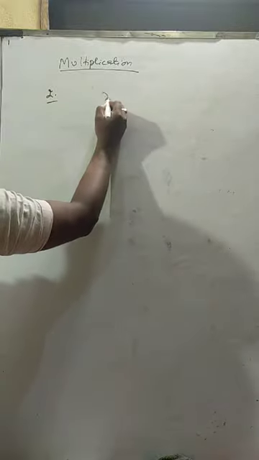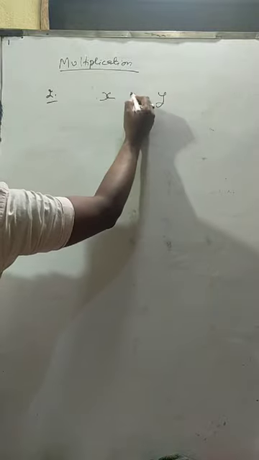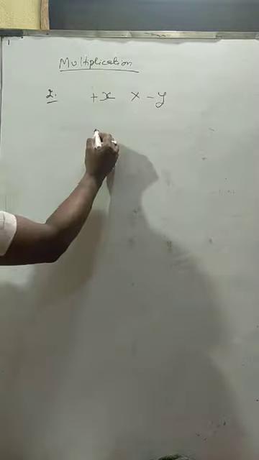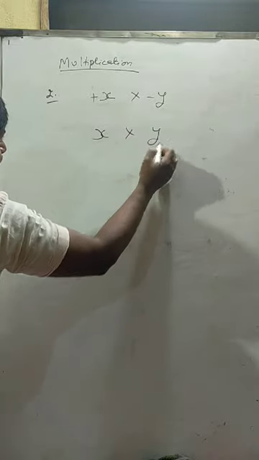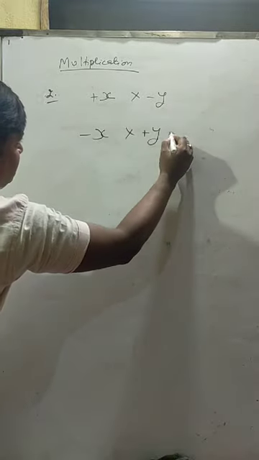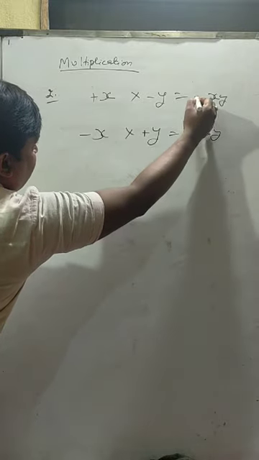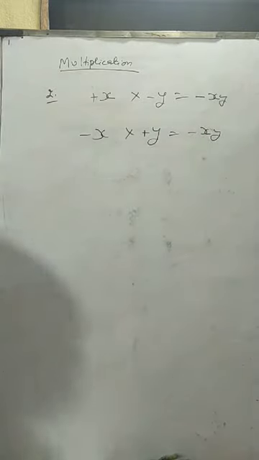Now the second property. The product of one positive integer and one negative integer is always negative. Suppose x and y, we multiply, one is positive, one is negative, or x into y, one is negative, one is positive. The result is xy, here also xy, but the sign will be negative.